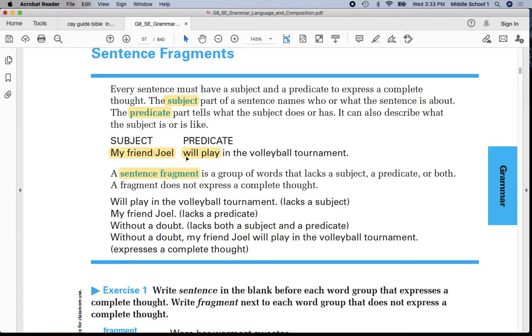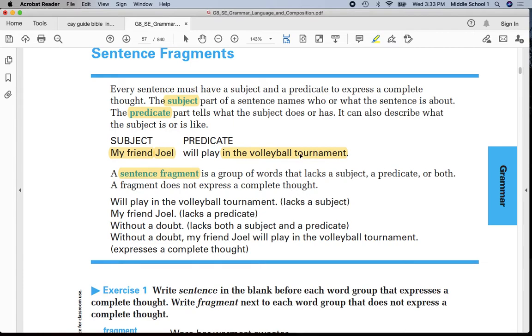Before we go any farther, I want you to look at this sample sentence that we just went through. In the volleyball tournament. You're remembering that in the volleyball tournament is a prepositional phrase.